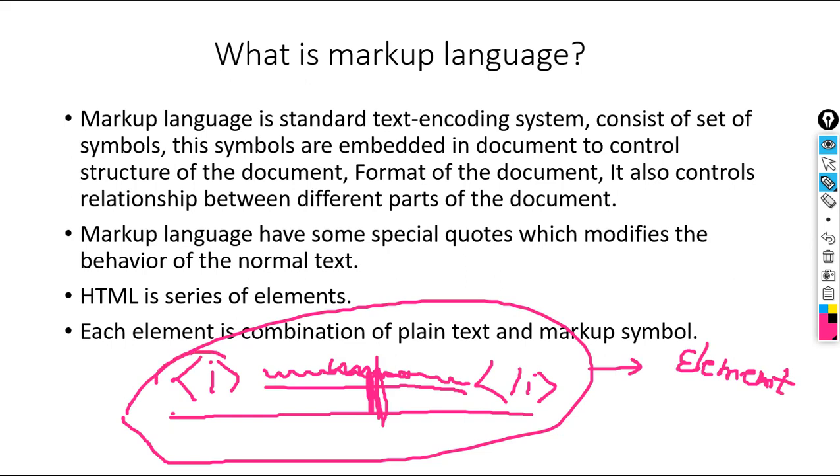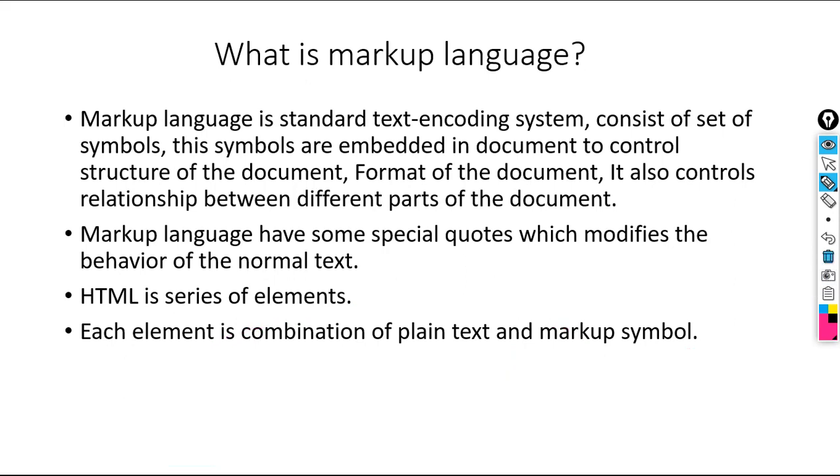This is the special code, nothing but a markup language symbol, or we can say tag, and this is plain text. So HTML is a series of elements, and each element is a combination of plain text and a markup symbol. These few points are very important to learn hypertext markup language. Now let's move on.